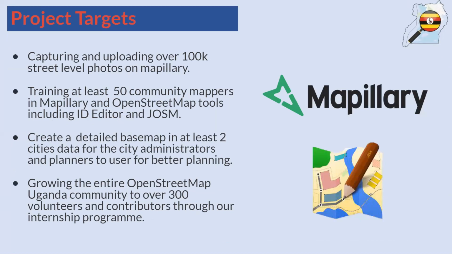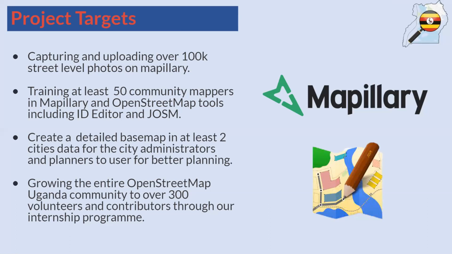And our targets for this project include: 1, capturing and uploading over 100,000 street level photos on Mapillary. And also, we want to train at least 50 community mappers in the use of Mapillary in ID editor and also in JOSM.